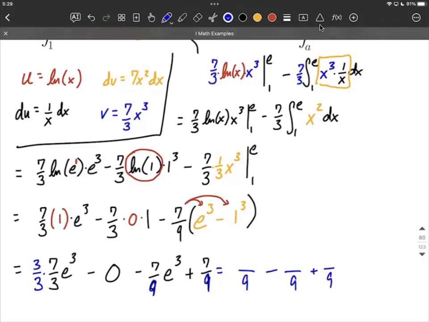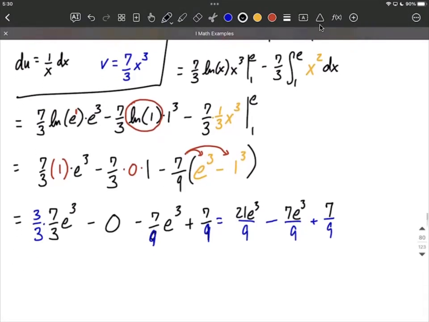All right, so looking at this, we can multiply numerators. We can say 3 times 7 makes 21. I'm going to go ahead and include the e to the third power up there in that first numerator, ignoring the minus 0. And then minus 7 was already up in the numerator. I'm going to think of that as e to the third power in the numerator. And then finally plus our 7/9.